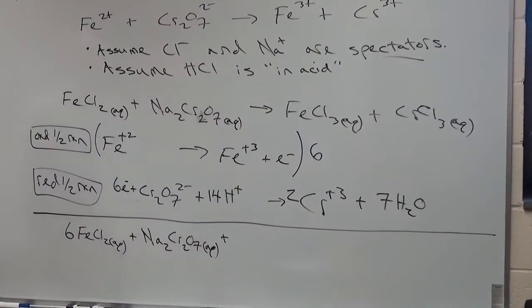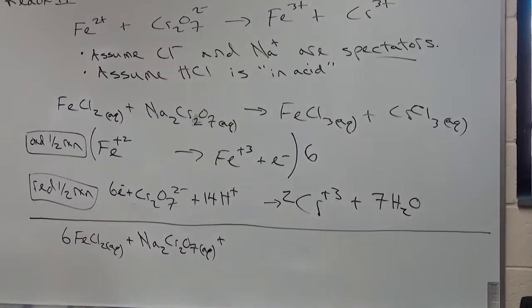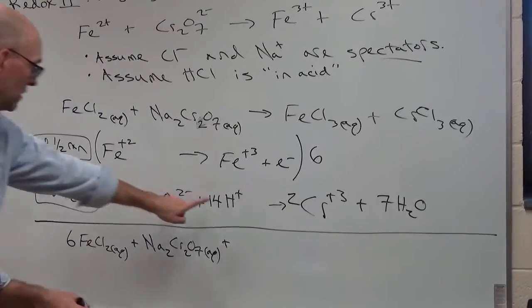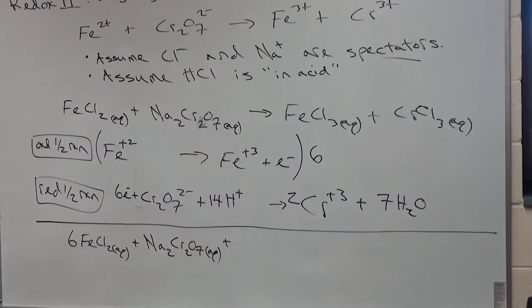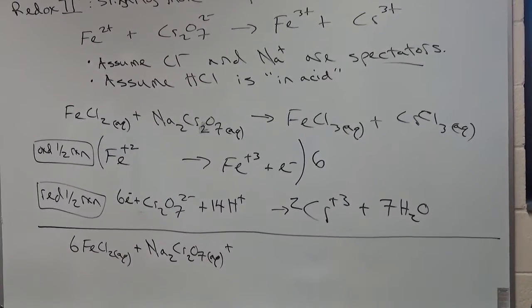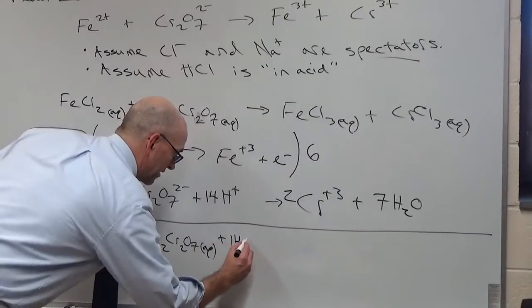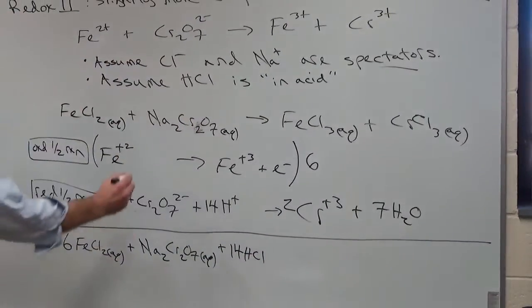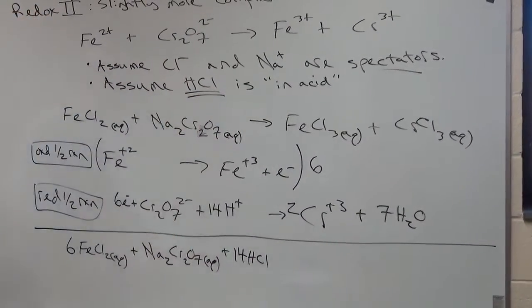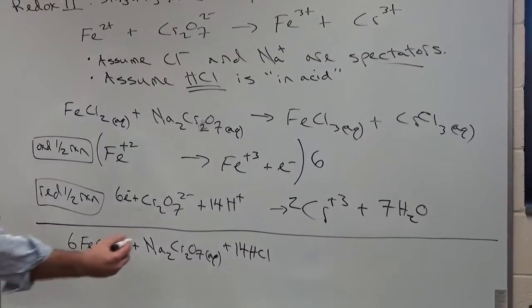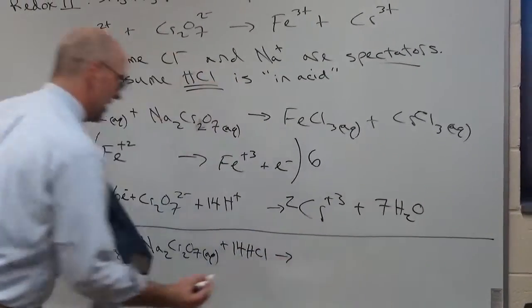Plus, let's see, I'm doing everything on the left side of the arrow, so what else do I need? I need the hydrogen ions, or the protons. But remember, it's HCl, so we're going to make that 14 HCl. All right. Go to the other side. I think we're done there.